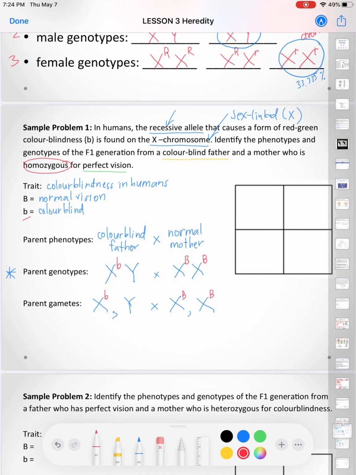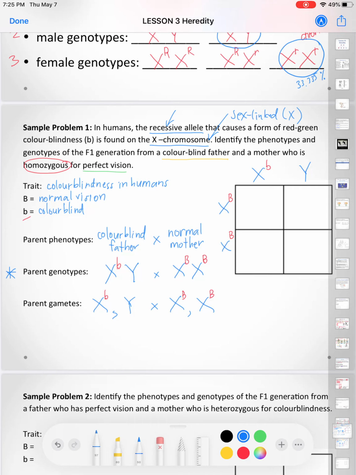Okay. So then let's go in and put in our gametes up here on the Punnett square, the father on the top, and the mother along the side there, and put the B's in correctly.